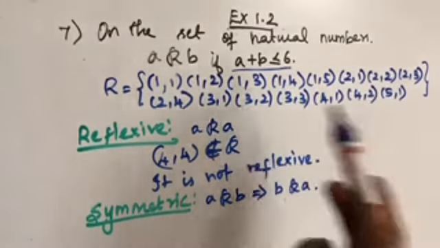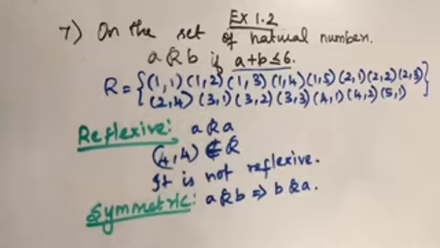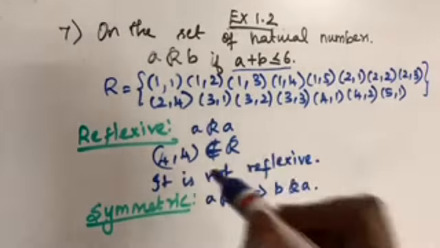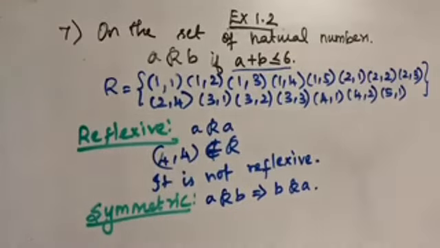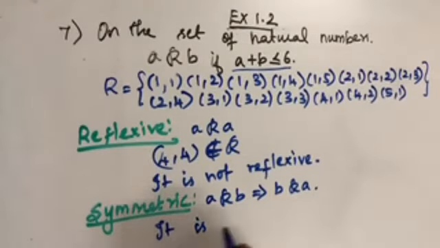So for all the elements in the set of ordered pairs, I can find the symmetric relation. So it is symmetric.